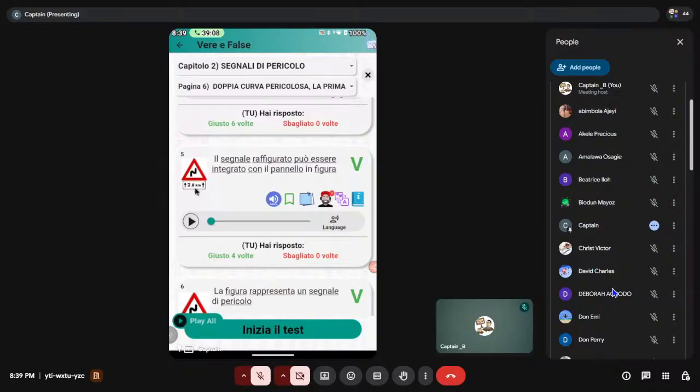It means lunghezza, as in the length before the kilometer. Curva pericolosa. Okay, now she's saying that it is the length of the curve, before the curve, 2.8 kilometers.